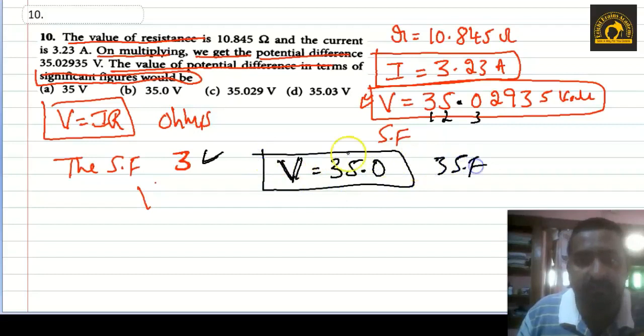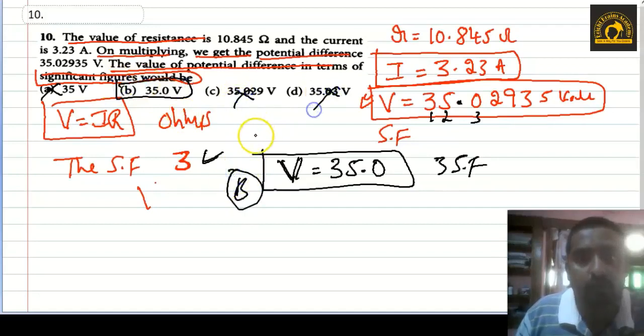So 35.0 volt, that is option B is the correct answer. This is not wrong. Okay, so that is the answer.